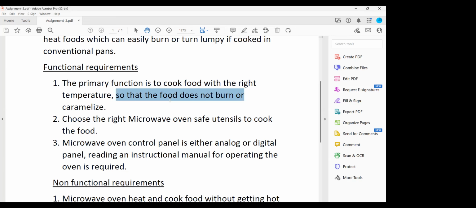That is your requirement. Now, we're talking about the control panel. With an analog or digital panel, you should be able to see how many minutes or seconds are left for the completion of the heating. It's digital, right? There has to be numbers decreasing once you set the timer.